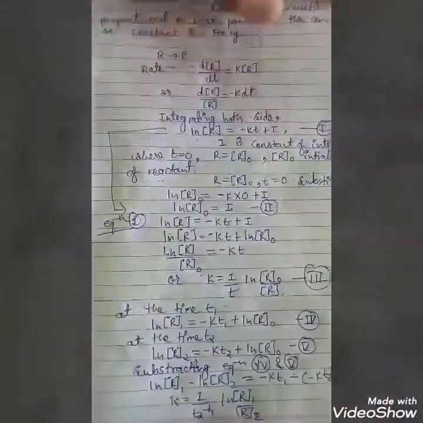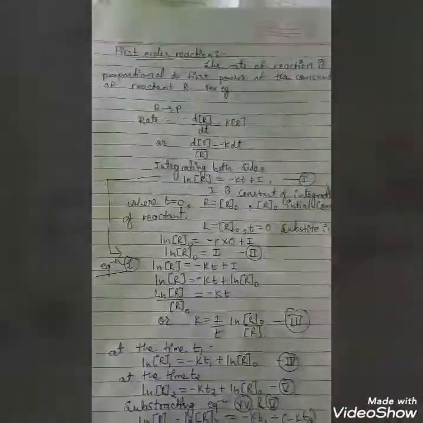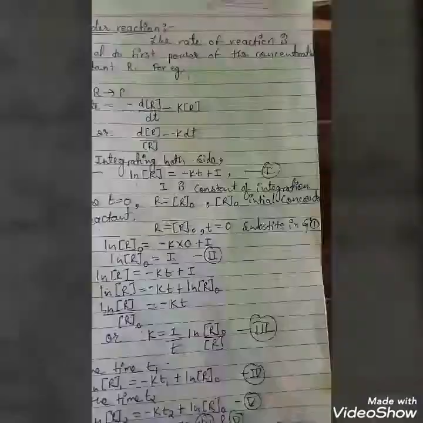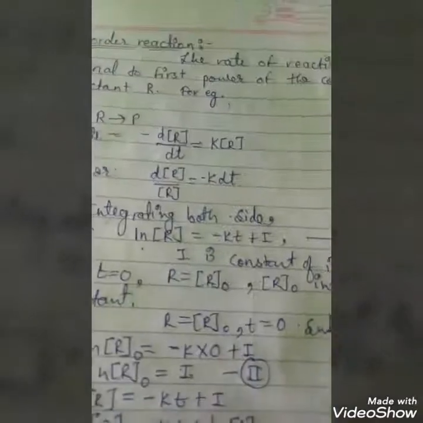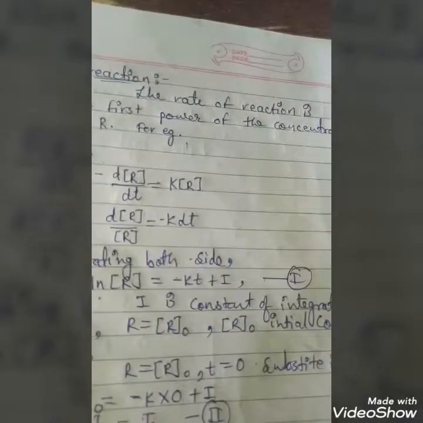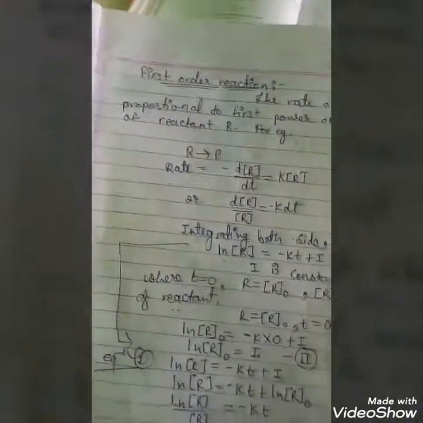Now we study the line by line explanation of the first order reaction in the textbook. I recap that in a first order reaction, the rate of reaction is proportional to the first power of the reactant concentration.